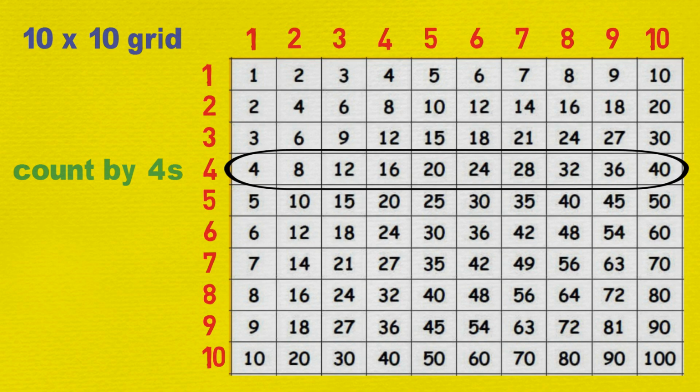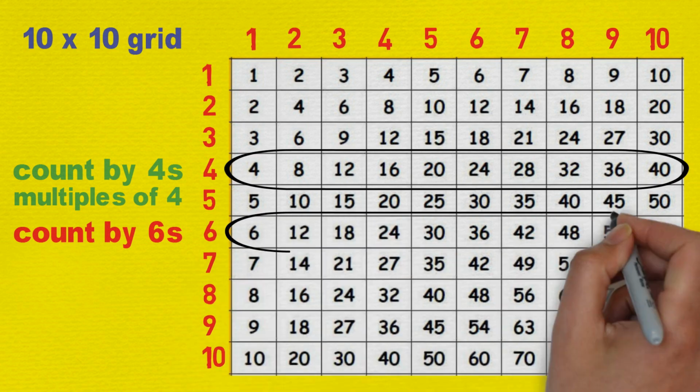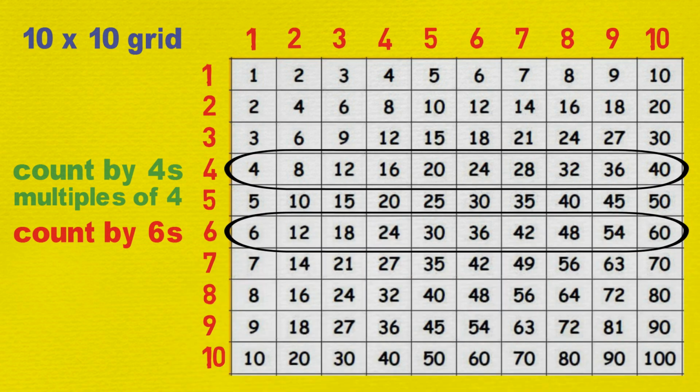In other words, skip counting by fours gives us the multiples of 4. Or counting by sixes: 6, 12, 18, 24, 30, 36, 42, 48, 54, 60, which are the multiples of 6."